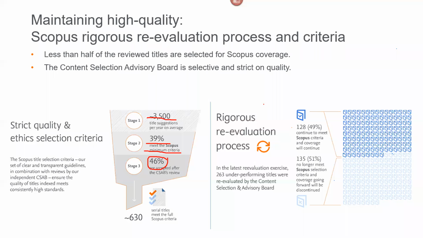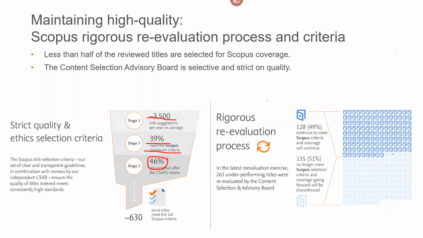Later, every year, we are checking all the titles in Scopus by 3 methods. Number 1, we look at the metrics, and if we see the metrics value has reduced for this journal, then it goes to the Content Selection and Advisory Board to review it. Number 2, the feedback from researchers like you.